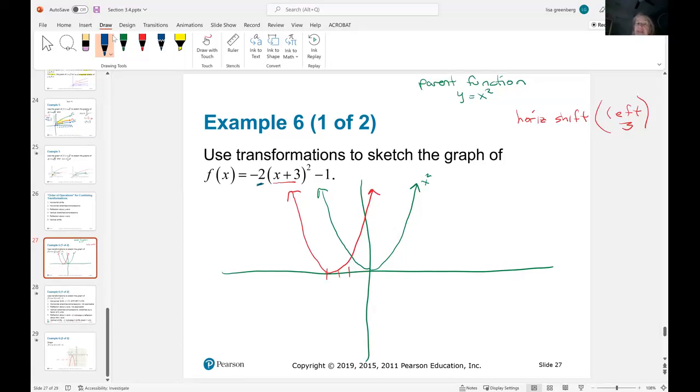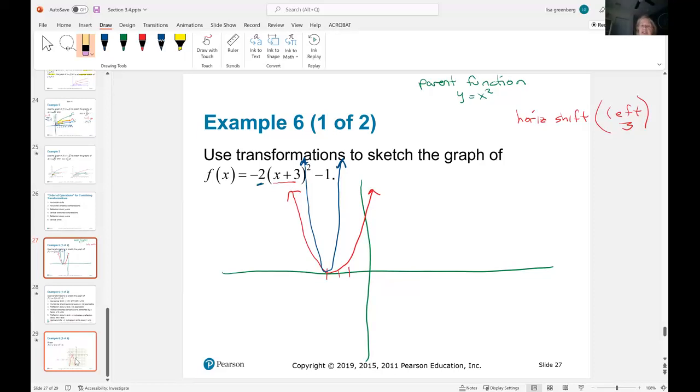I'm not doing the negative, that's a different transformation. So it's going to become taller. So for example, maybe it looks like this, okay? And I'm going to erase the original one because I think it's going to get too confusing to have them all here. But we'll do the transformations one by one.